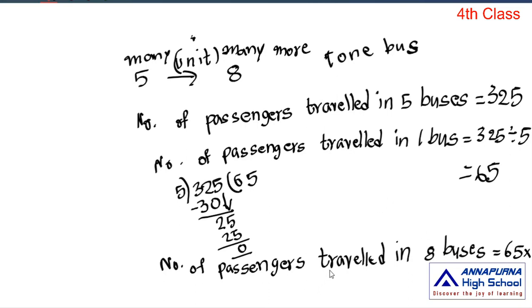I'm doing the multiplication here, ma. 65 into 8. So how much, ma? 8 5s are 40, 8 6s are how much, ma? 48. 48 plus 4, 52. So 520. So a total of 520 people can travel in 8 buses, children.